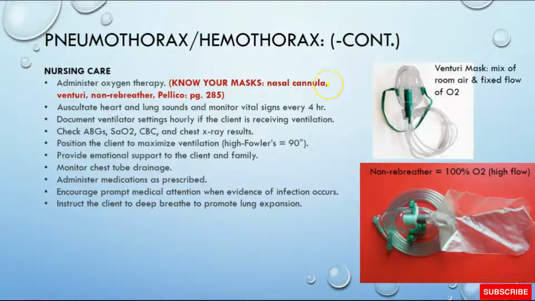In terms of knowing your masks, when a patient does have a chest tube in, know the difference between a Venturi mask, which gives a mix of room air and a fixed flow of O2, and a non-rebreather, where a patient is getting 100% O2 and is high flow. Just know the difference between those two.